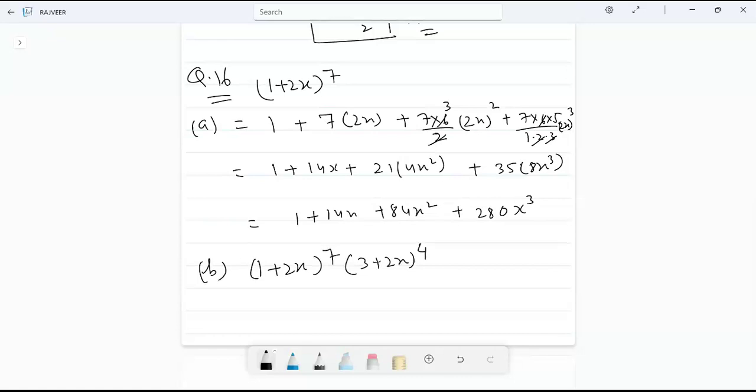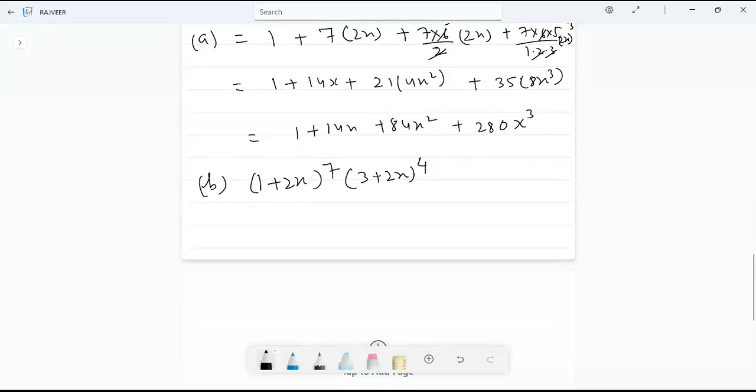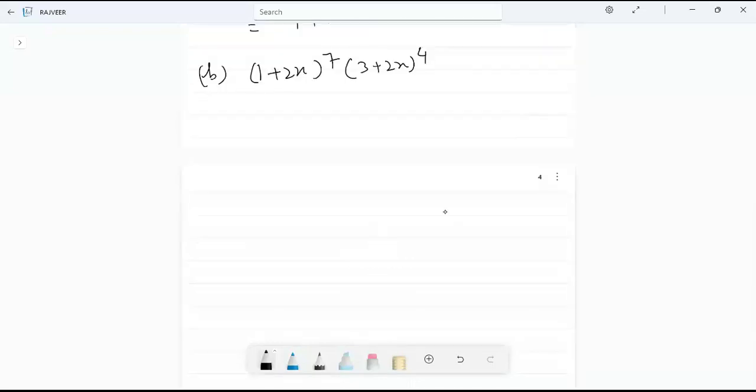We need to find the expansion of this. 1 plus 2x to the power 7 we already have. And 3 plus 2x to the power 4. We do one thing. We first find 3 plus 2x to the power 4.